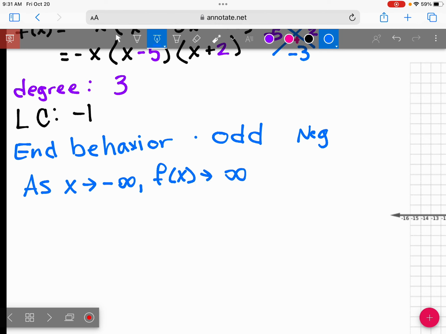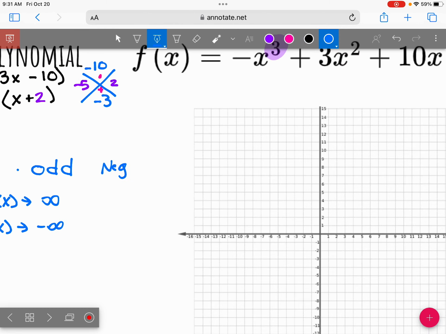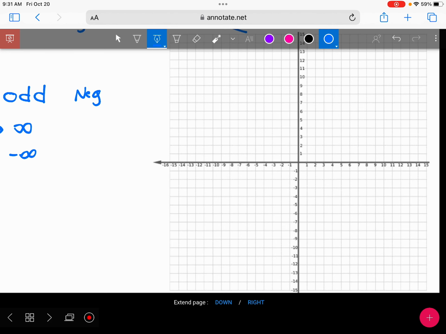Positive infinity. As x approaches positive infinity, f of x approaches negative infinity. So that tells me left arrow up, right arrow down. I tend to just draw them on like that. It doesn't matter how pretty your arrows are. I just know the left side's up, right side's down.